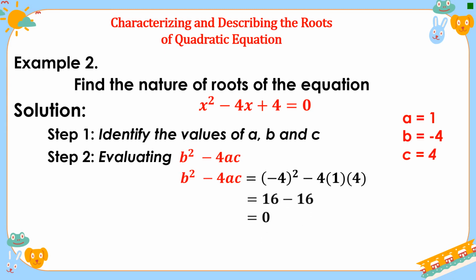Simplify. Negative 4 squared is equal to 16. Negative 4 times 1 is equal to negative 4, times 4 is equal to negative 16. Then, 16 minus 16 is equal to 0. So therefore, b squared minus 4ac is equal to 0.